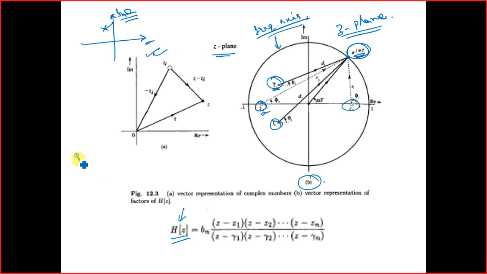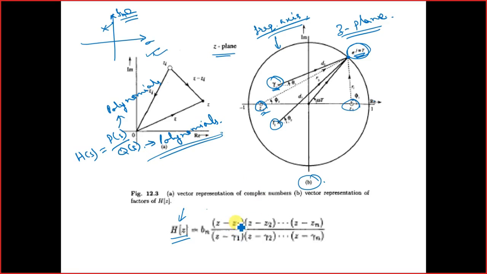Again, just like H(s), which was a ratio of polynomials, say P(s) by Q(s), herein also, in the digital domain, the transfer function is given by H of z.